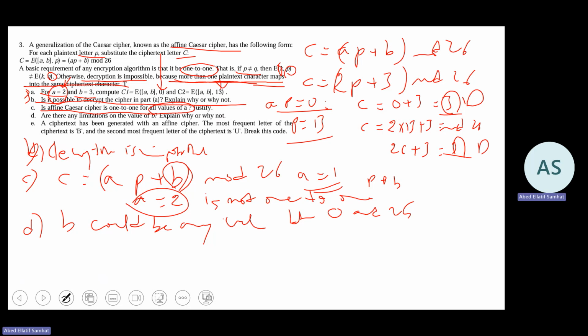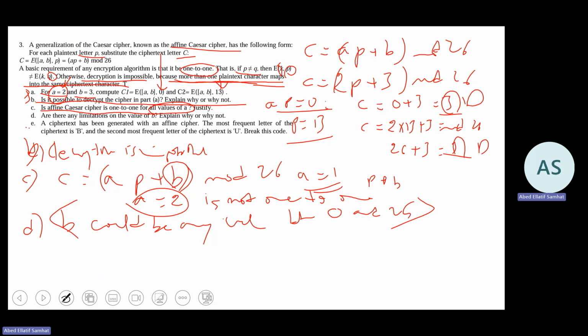Any modification of B is just a simple shift of the relation, and typically in this case the mapping is one-to-one. So regarding B, we have one-to-one for all values between 0 and 25. That's why for B we don't have any limitation.